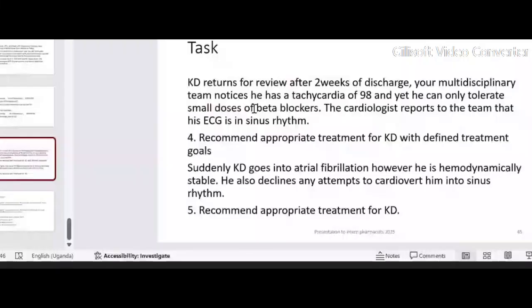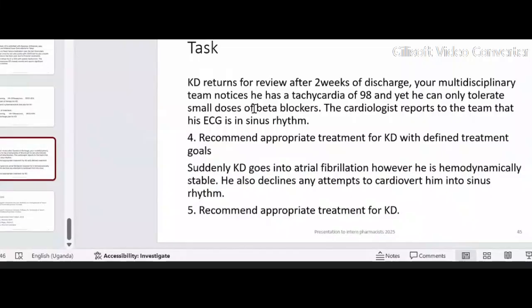It doesn't prolong the life of the patient, but it reduces the symptoms. I'm very happy to hear that from her. Okay? So what is the target heart rate for this patient? From 98 to what? Should be between 50 to 60, probably. Okay, that's also good. Now we have answered number four.